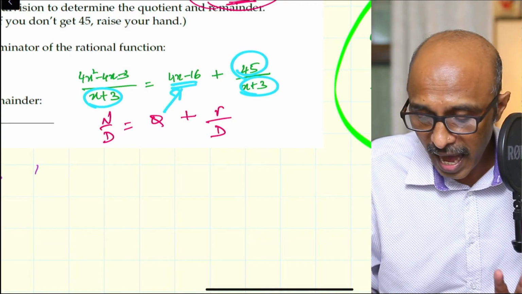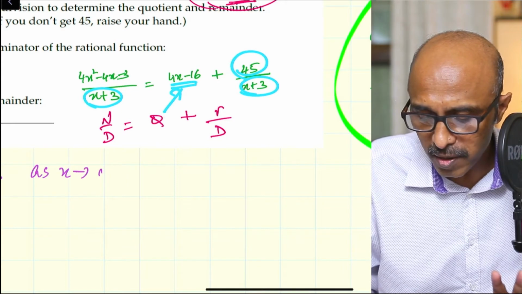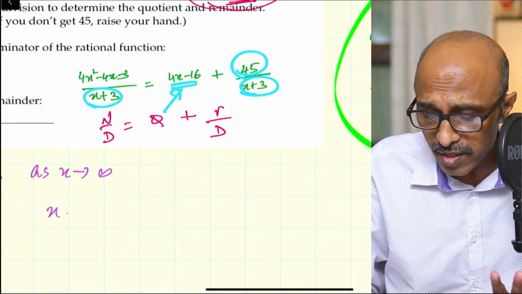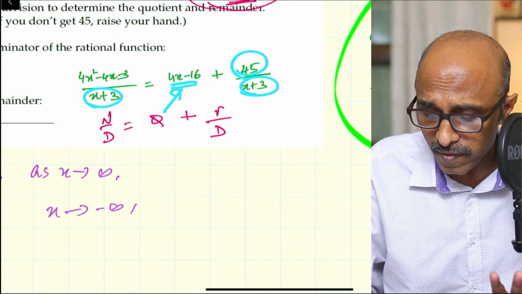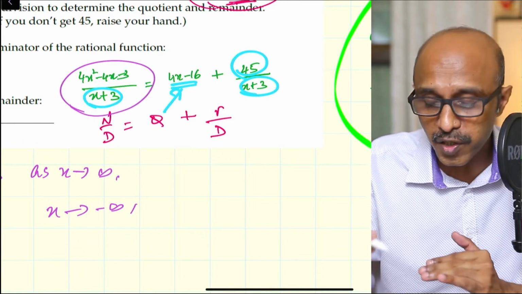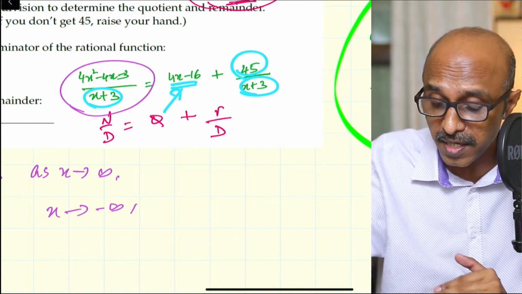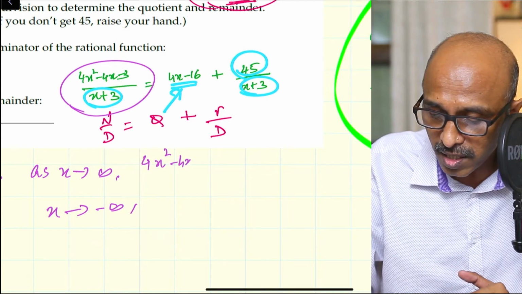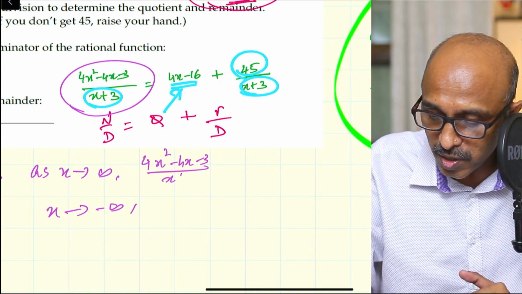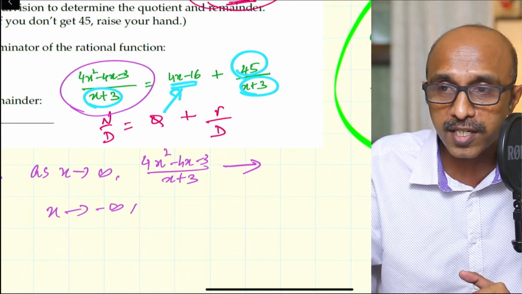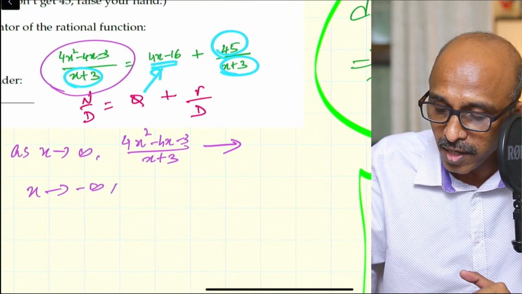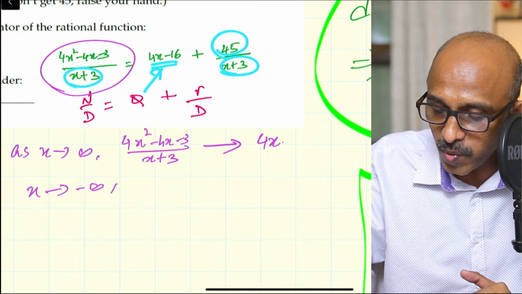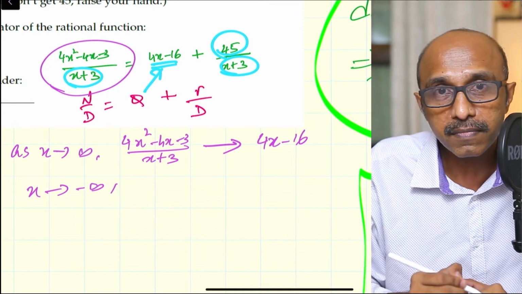What this means is that as x approaches large values, both on the right-hand side and on the left-hand side, so negative infinity and positive infinity, this rational function where the degree of the numerator is greater than the degree of the denominator, so we can say 4x squared minus 4x minus 3 over x plus 3 approaches, or behaves identical to, a straight line whose equation is 4x minus 16.